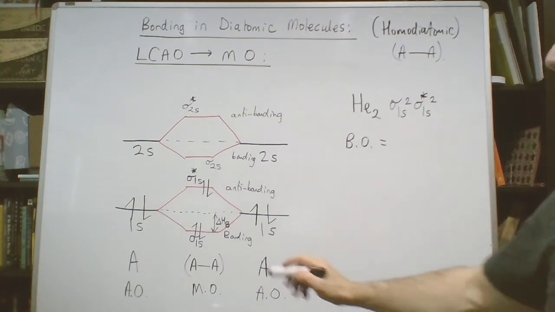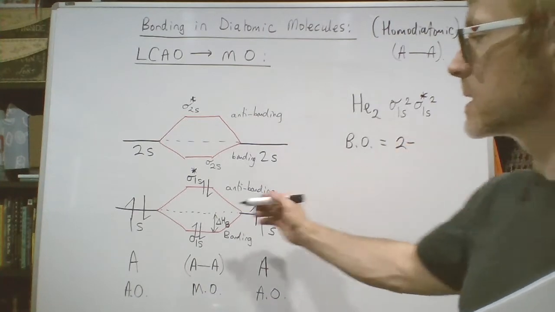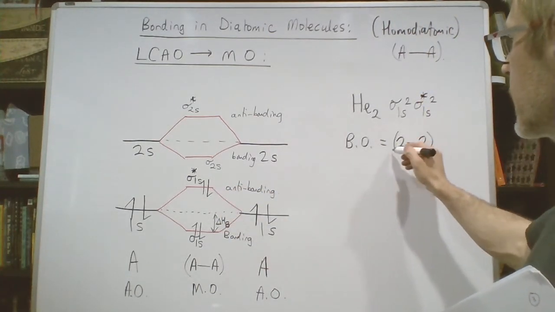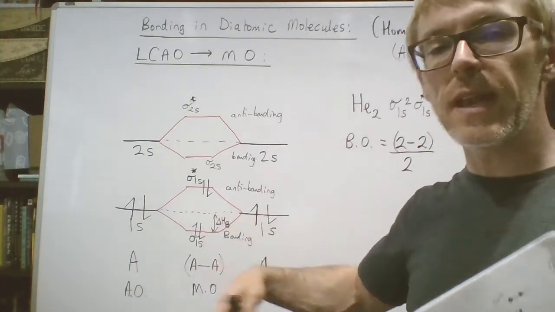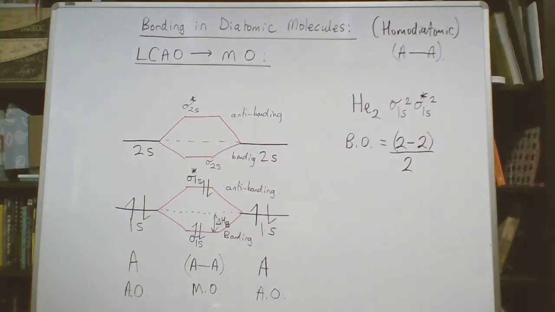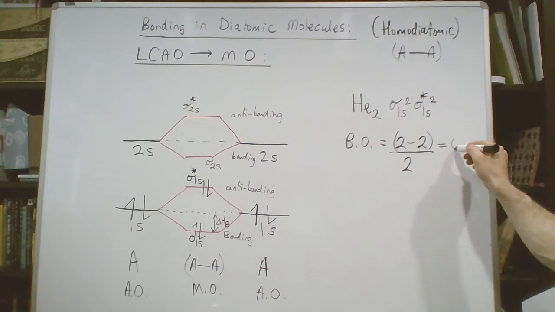Well, that would be the number of bonding electrons, which is 2, minus the number of anti-bonding electrons, which in this case is 2. And then we take an average. So you're essentially looking at the net effect of stability and destabilization, to see if there's anything left. 2 minus 2 is 0. 0 divided by 2 is 0.